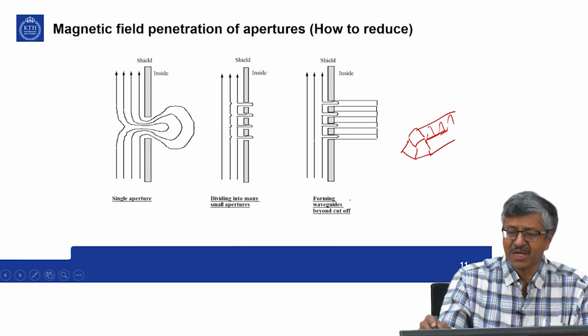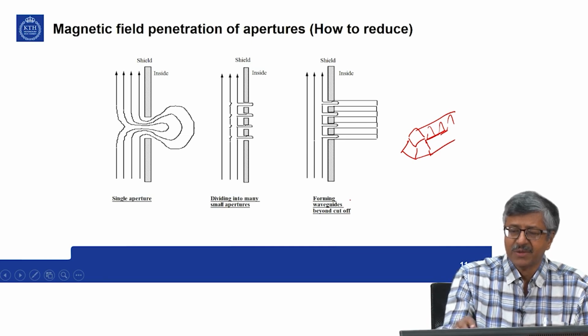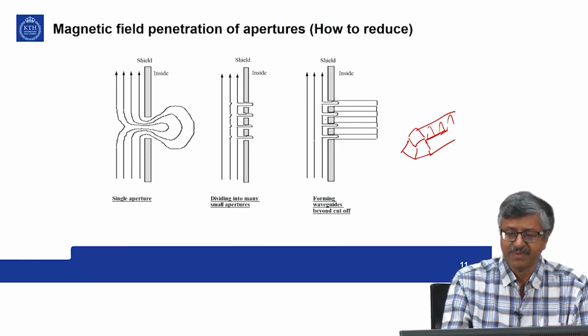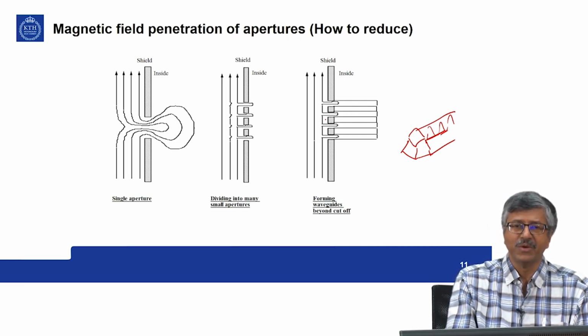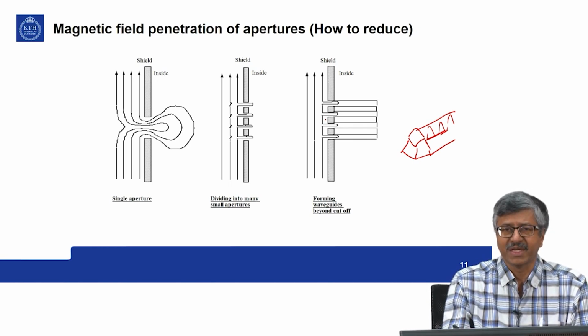So, this is called waveguides. So, that will reduce the field by the time it is coming out. Sometimes it completely cuts off the fields. So, across many instruments, in the ventilation holes, you can find this type of structures.